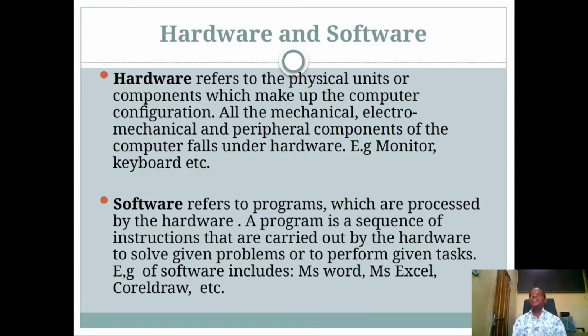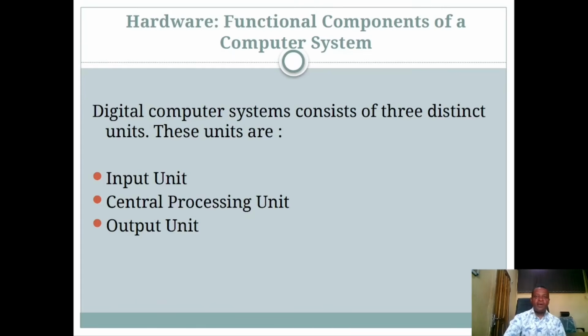In the educational sector, we have software. There are different types of software, so it depends on your area of specialty or your career line. Then you can learn a software that can help you to improve on your work or to build you up in your career line.